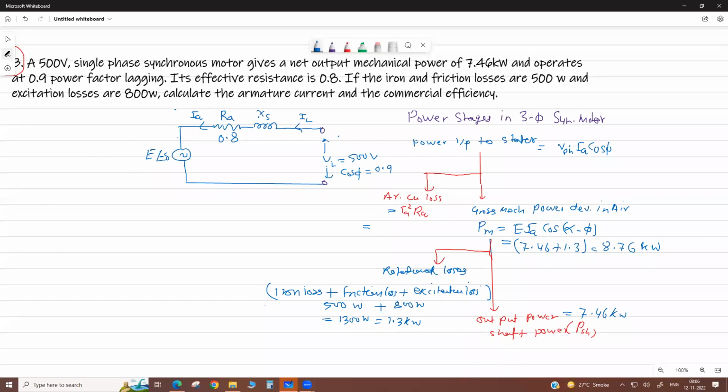To calculate the armature current, motor input equals VI cos phi, and armature copper losses are IA squared RA for single phase. Then we can calculate the gross mechanical power.